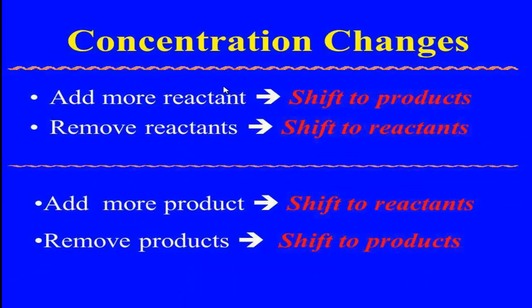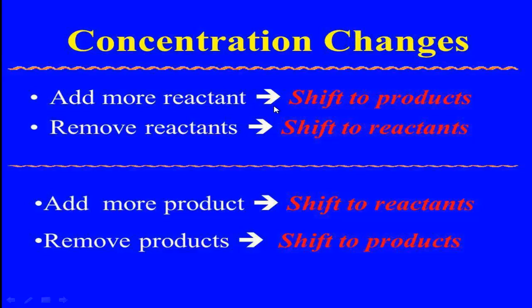Now we will discuss concentration. We can change the concentration factors in case of reactants and products both. Follow here, if we add more reactant, then the equilibrium position shifts to which side to adjust this extra reactant? That means the equilibrium position shifts to the right side.